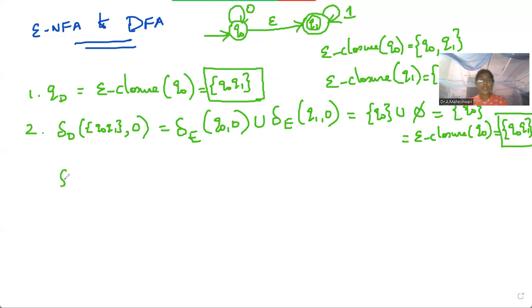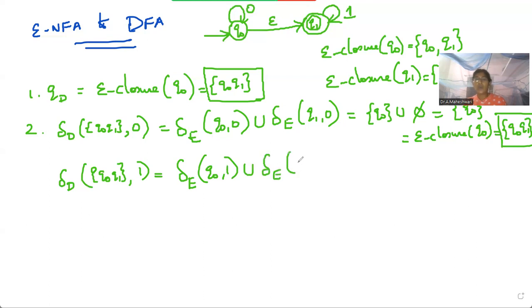Like that, you take the next transition mapping: Q0, Q1, 1. This is also more than one state, so use a union symbol: Q0 comma 1 union transition E of Q1 comma 1. Q0 comma 1 has no value, so you can put it as null.